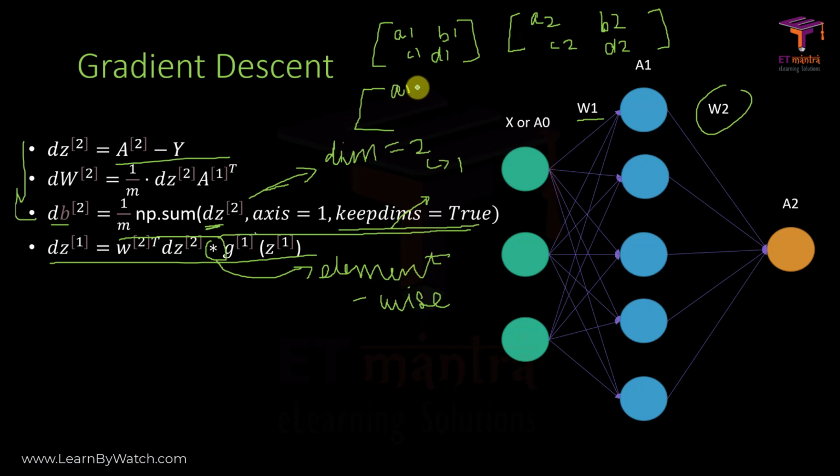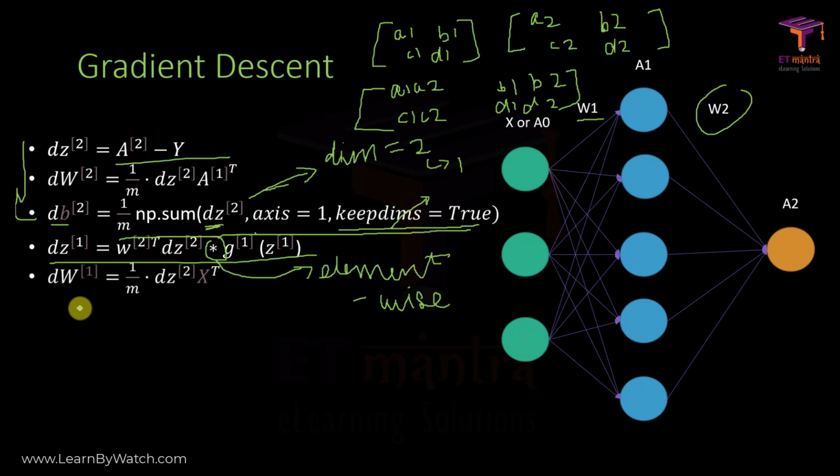So this would result as a1 a2 at the first cell, and b1 b2 here, c1 c2 here, and d1 d2 here. So this is what is meant by the element-wise operation.